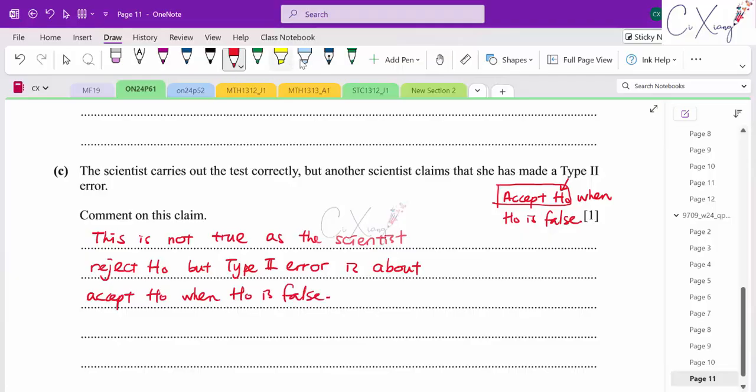My conclusion is reject the null hypothesis. Therefore it is impossible for me to make a type 2 error, because a type 2 error only happens when you accept the null hypothesis. Understand what I said? So basically this is how we solve question number 7.